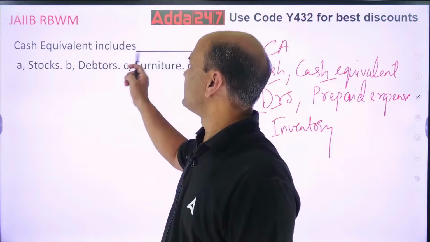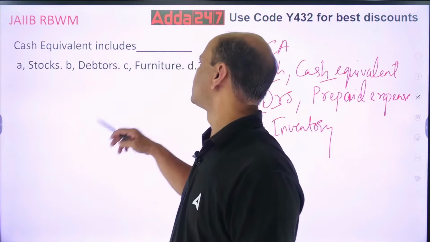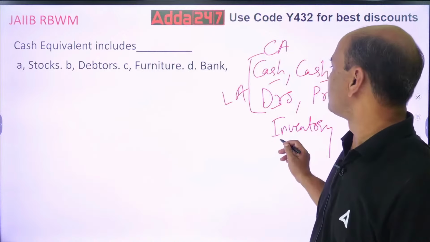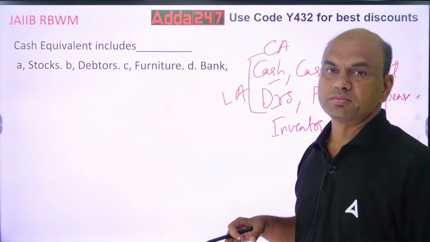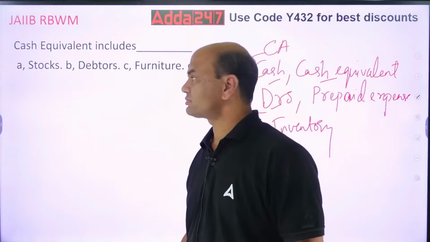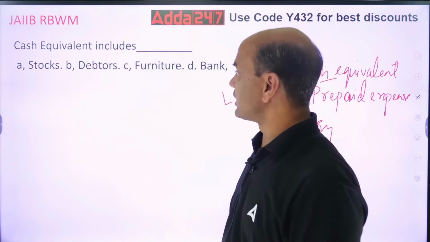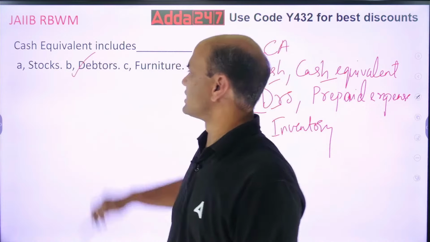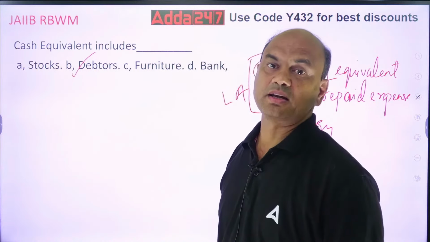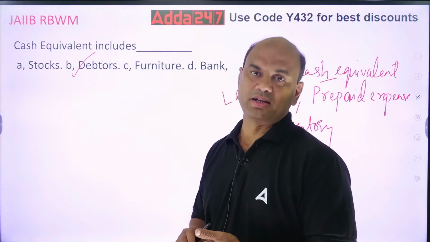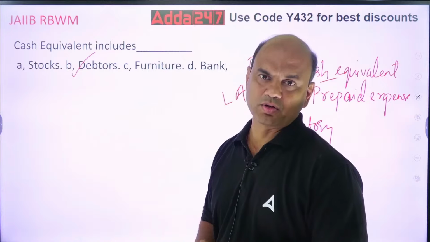So, cash equivalent will include what? Means what is equivalent to, as good as cash. Theoretically, debtors are as good as cash, because it's assumed that they will give you the money whenever you want.